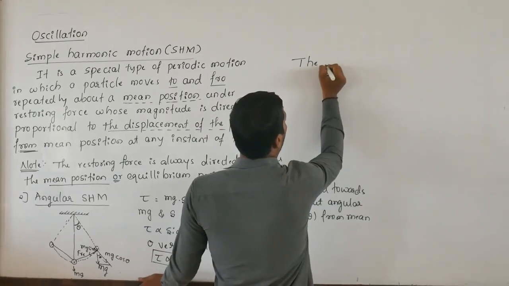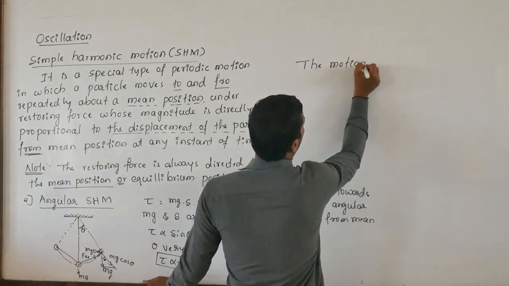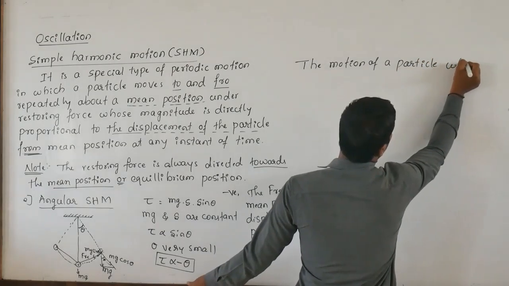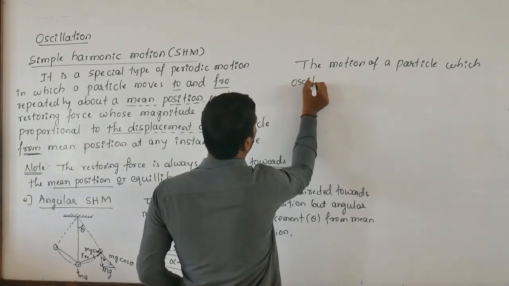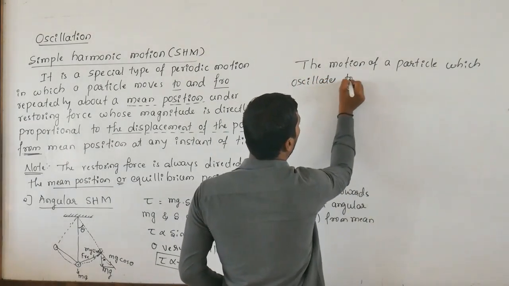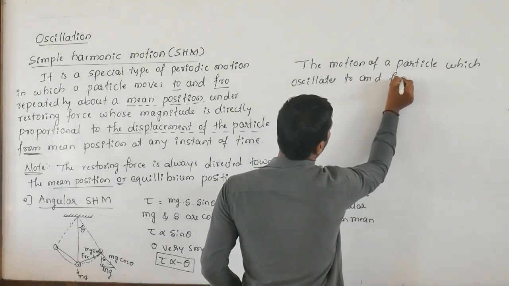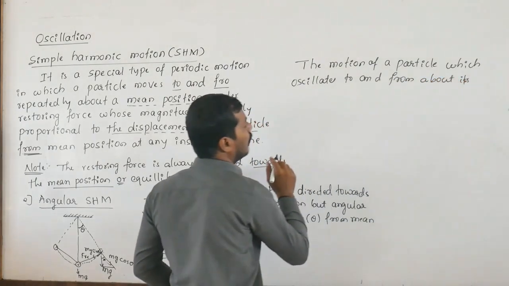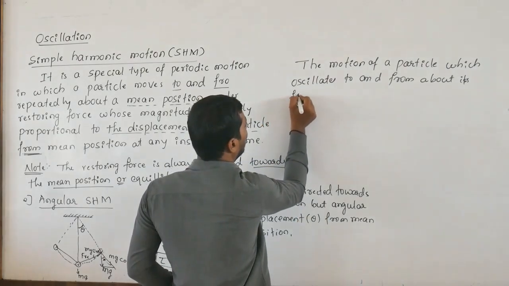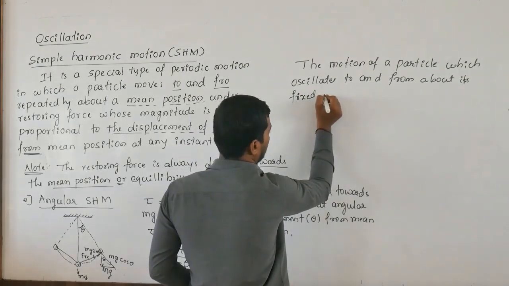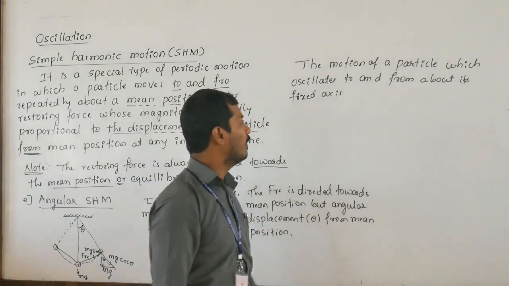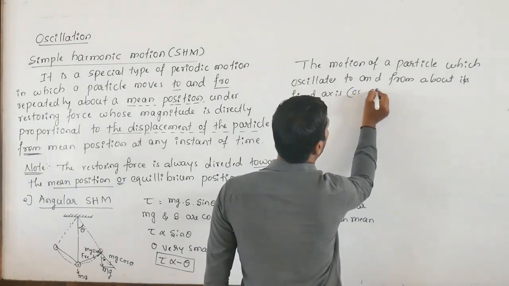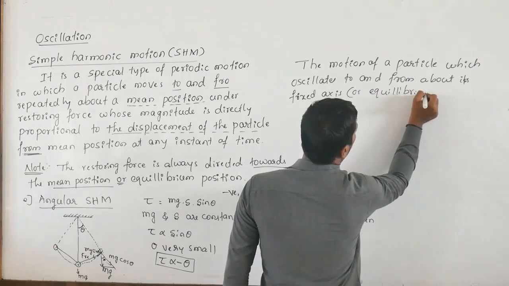The motion of a particle which oscillates to and fro about its fixed axis, not a fixed position but a fixed axis, an x-axis or y-axis, also called the equilibrium position.